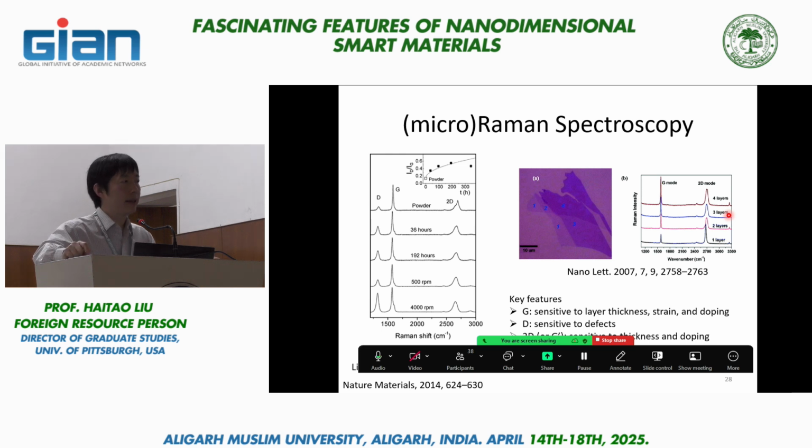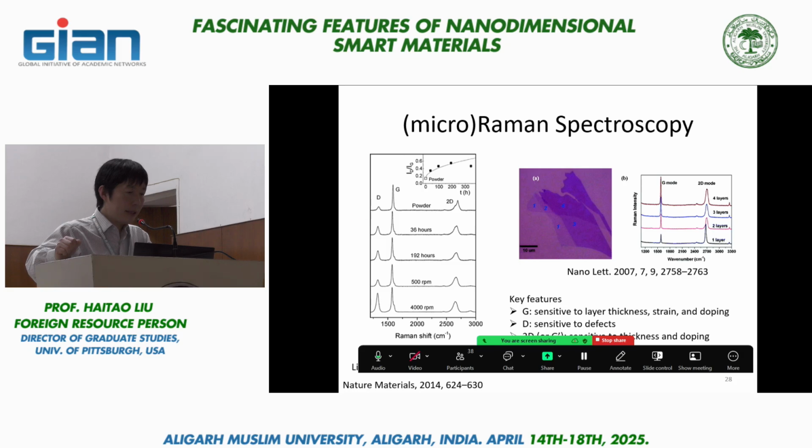In the two-layer case, I think there are at least 3 or maybe 4 different peak components. In that peak, you see this obvious line broadening. In addition, it's also sensitive to doping. Depending on whether the graphene is doped with extra electrons or extra holes, it will shift in different directions.